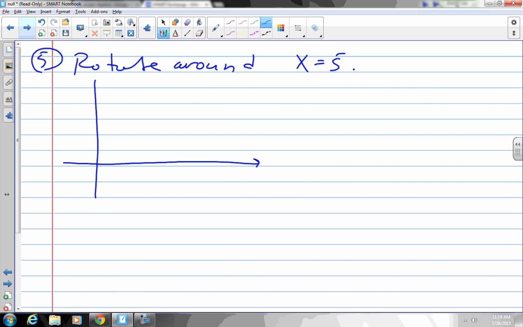And you'll see we can do that. The shell method is a little easier when you're rotating around alternative axis. So then we'll get something like that.